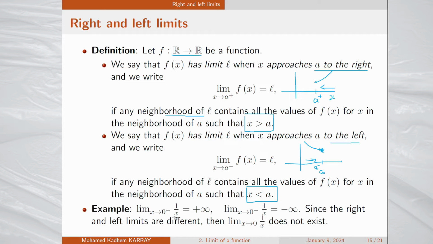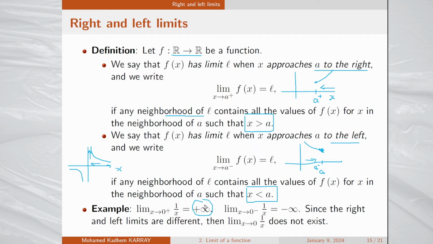Here are examples. Let's consider the limit of 1 over x when x goes to 0 plus. So let's make a figure here of 1 over x. This is the figure of 1 over x. So when x approaches 0 to the right here, the limit of 1 over x is plus infinity.